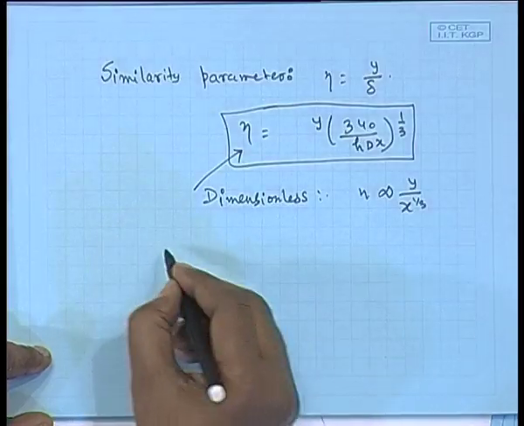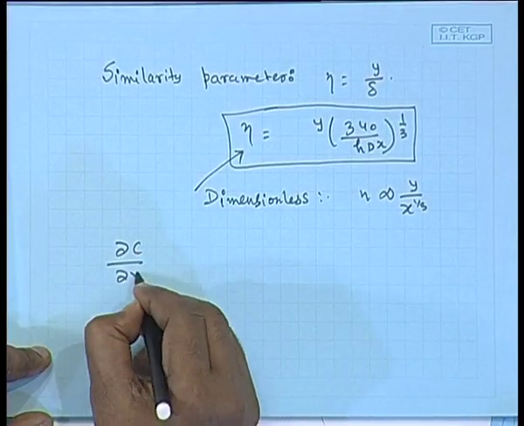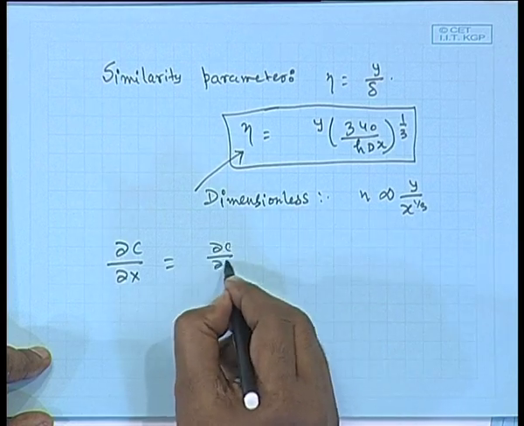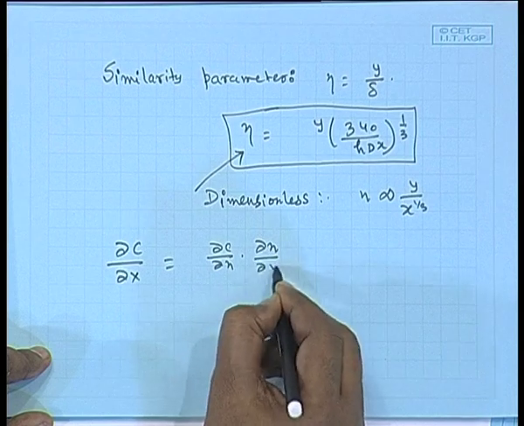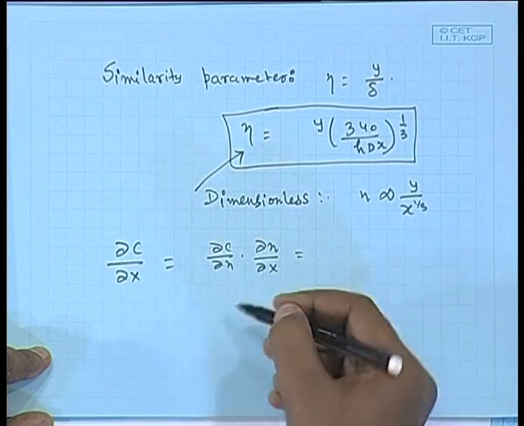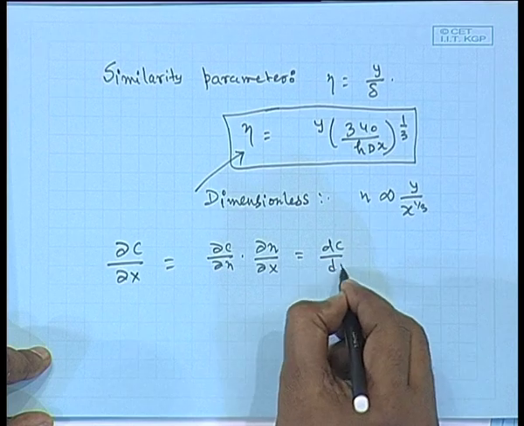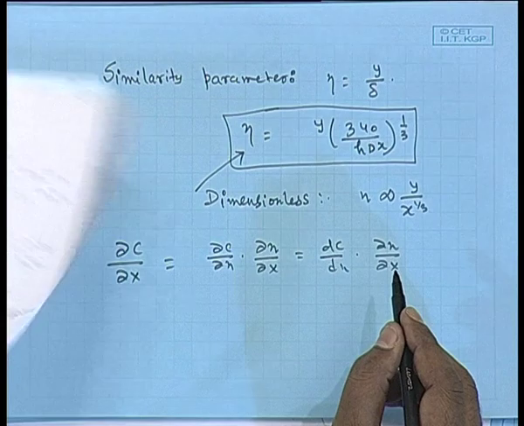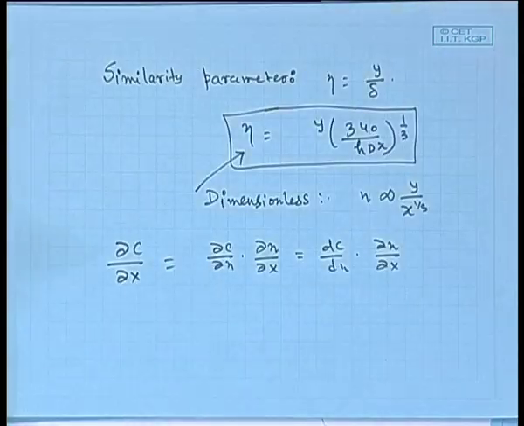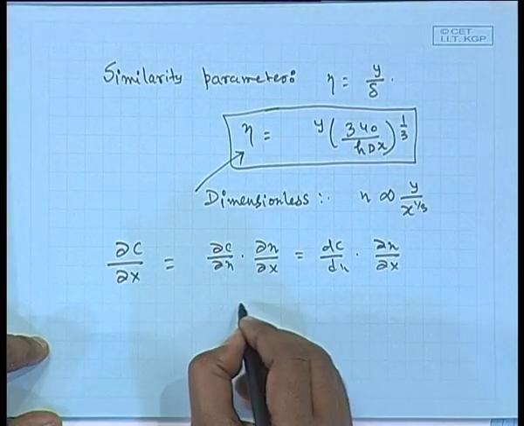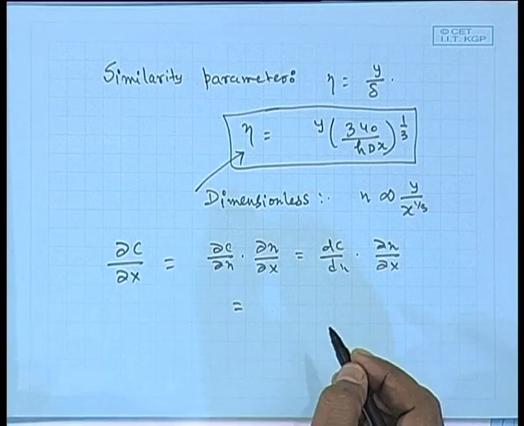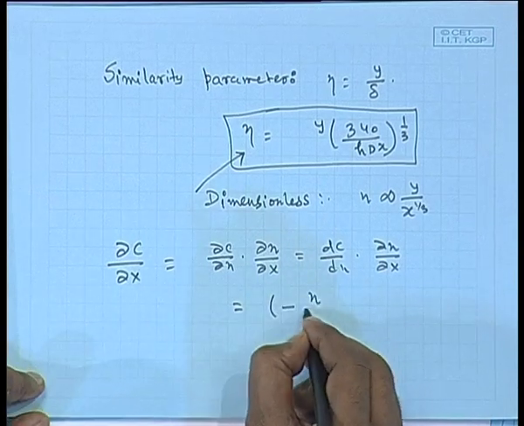Now, del c del x will be d c d eta times del eta del x, and d c d eta is a complete derivative. Omitting a couple of steps, del eta del x becomes minus eta by 3 x.